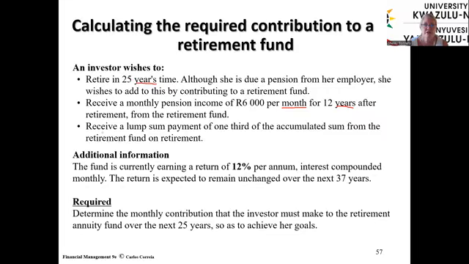In addition, she wants to receive a lump sum payment of 1/3 of the accumulated sum from the retirement fund on retirement. So in 25 years' time, she wants to have enough in this retirement fund so that she can take out 1/3 and enough will be left there, which is the 2/3 left over, such that she can draw down $6,000 a month for another 12 years after that.